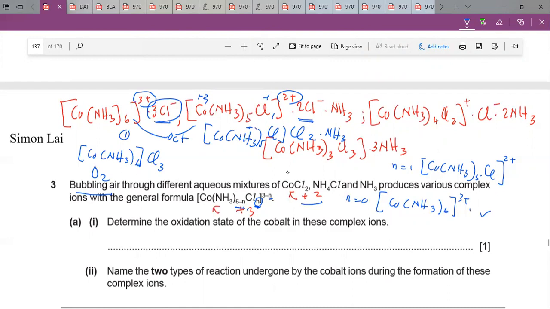And when n equals 2, 6 minus 2 is 4. So 2 here, so 1 Cl here, and 2 here. When n equals 3, 3 here, with 3 here, 3 Cl. So there are 1, 2, 3, and 4 structural isomers.